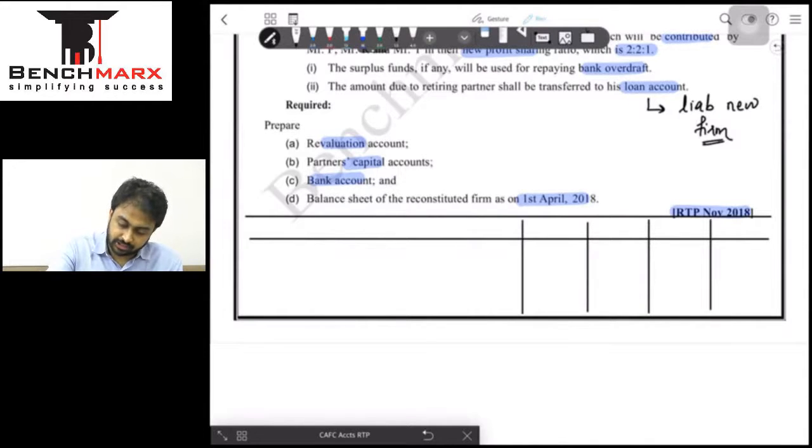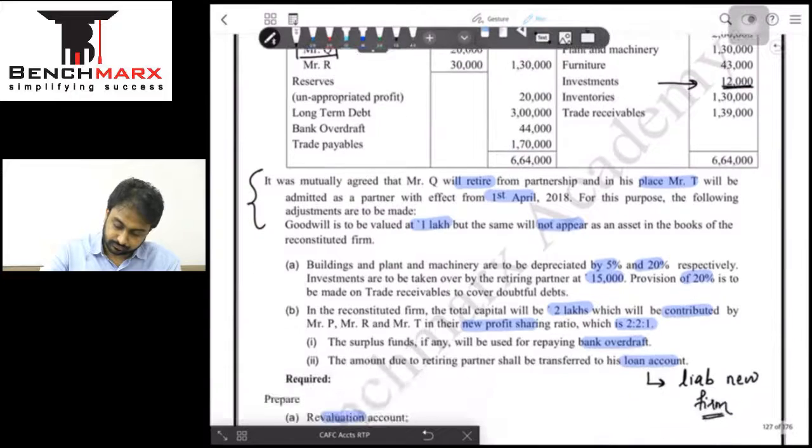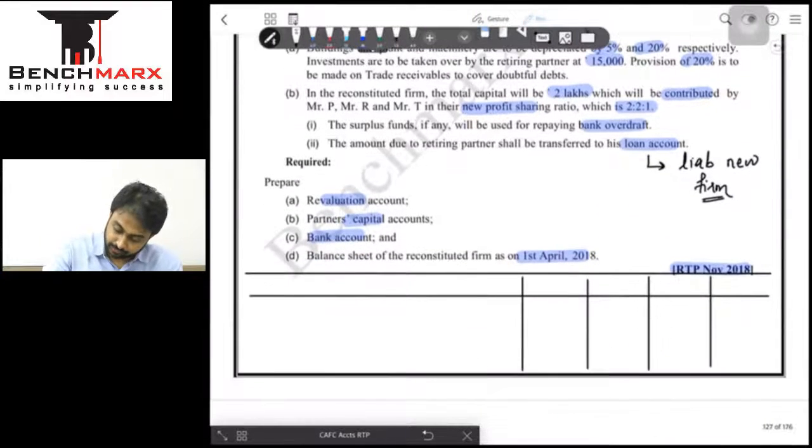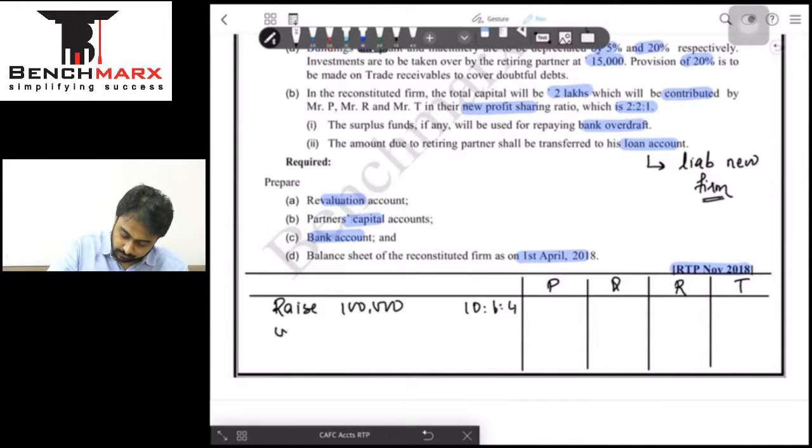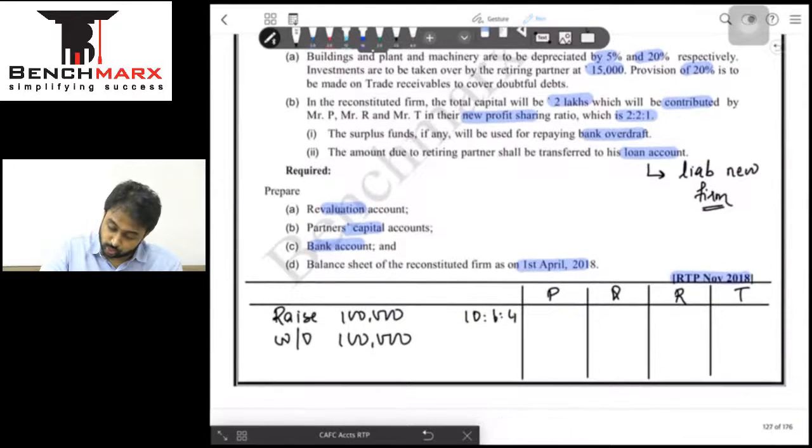Who all are there? ABCD? No, P, Q, R and T. So we have P, Q, R and T. Raise 1 lakh in the old ratio of 10:6:4 and write off 1 lakh in the ratio of 2:2:1.